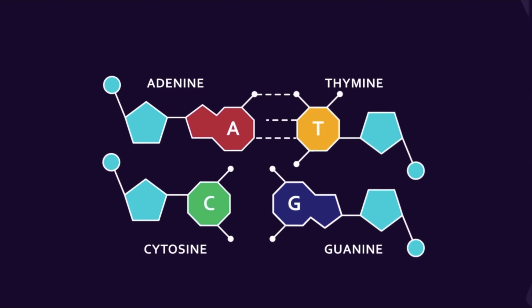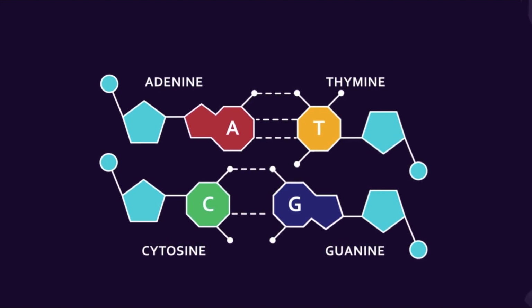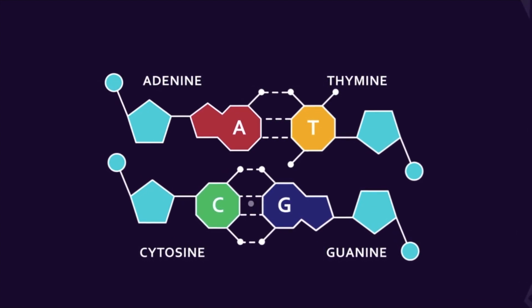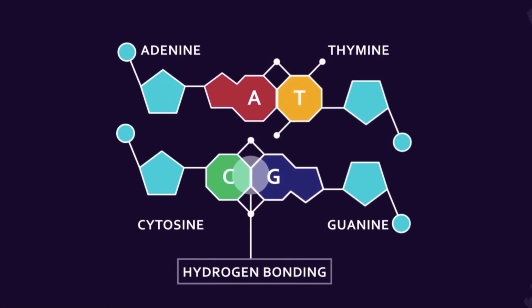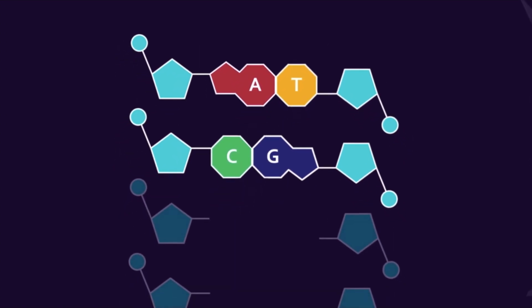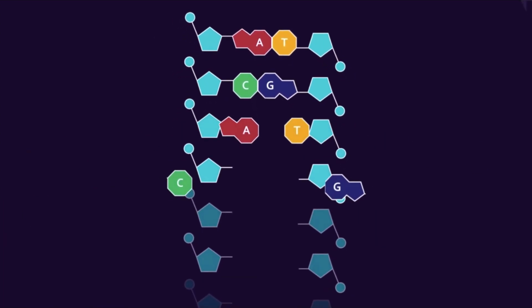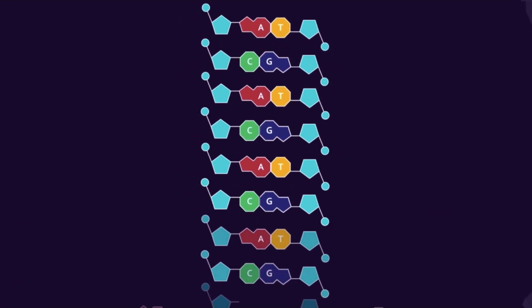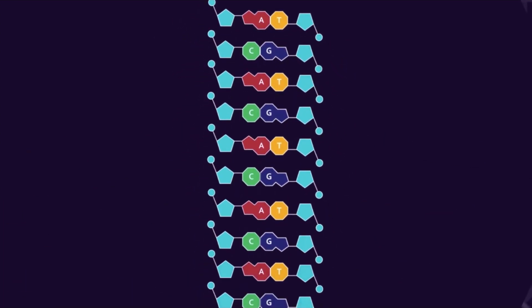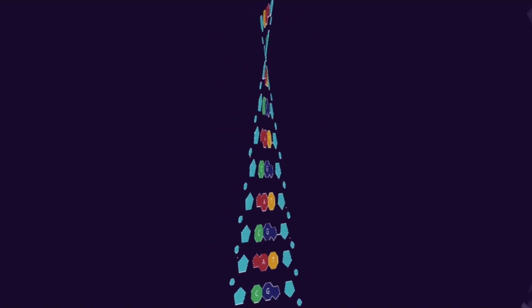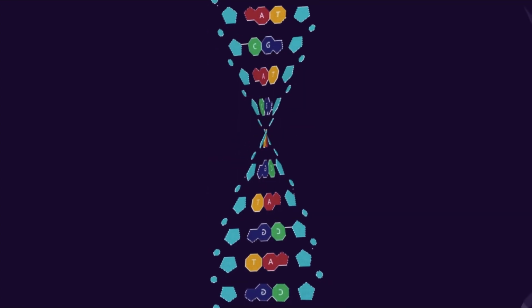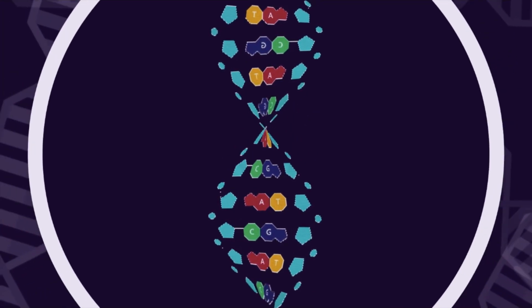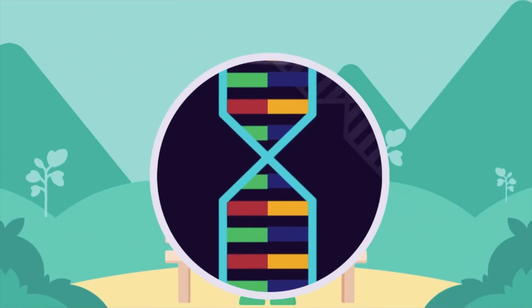Adenine will always bind with thymine, and cytosine with guanine. This type of bonding is hydrogen bonding. Phosphate and sugar are linked together to make the backbone, and complementary bases are attached on it. Due to the bond angle of the sugar-phosphate molecules, the linkages will eventually form a double helix structure. There's a lot more to know about DNA, but that's all for now.